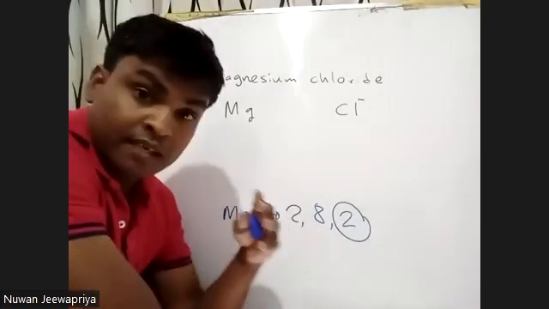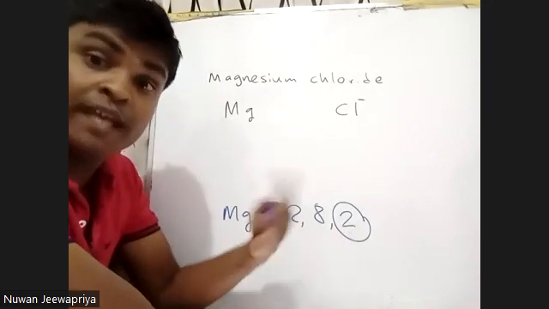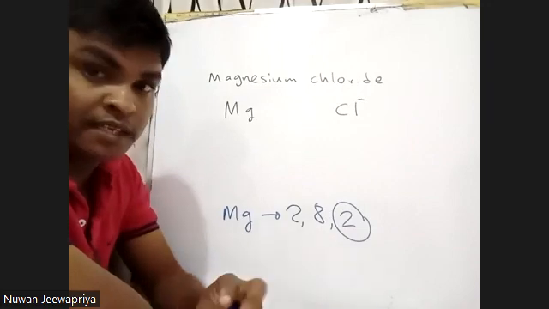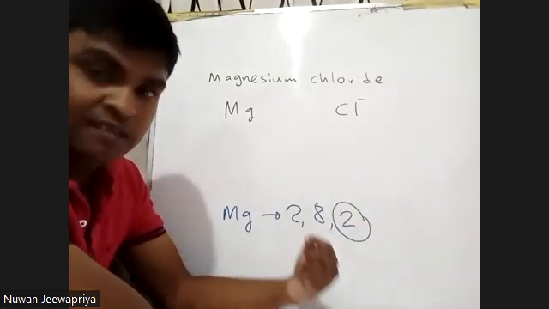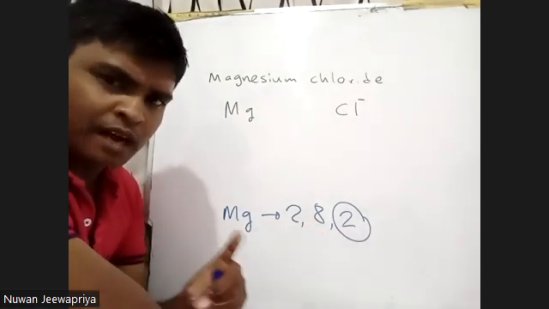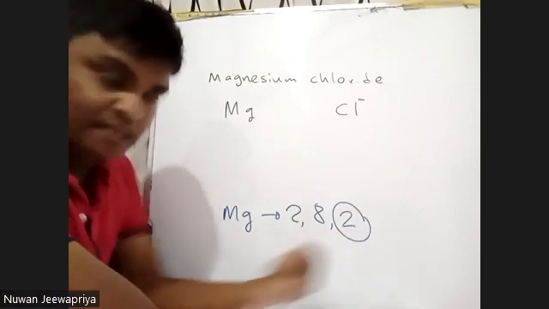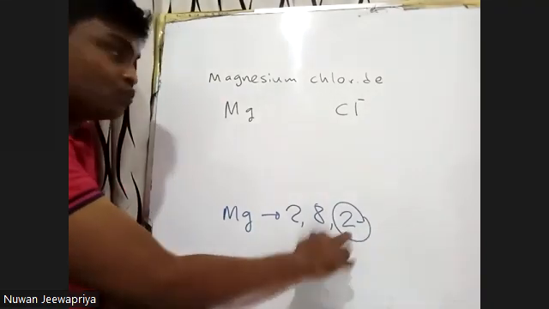The trend is to be 0 in the outermost shell or to be 8 in the outermost shell. If that 2 is removed, then it is 0. If another 6 is gained, then it is 8. So that will be stable. Either it releases 2 or gains another 6. So releasing 2 is easy. Magnesium has 2 outermost electrons.